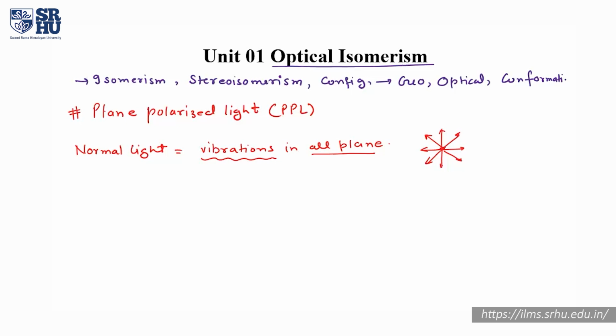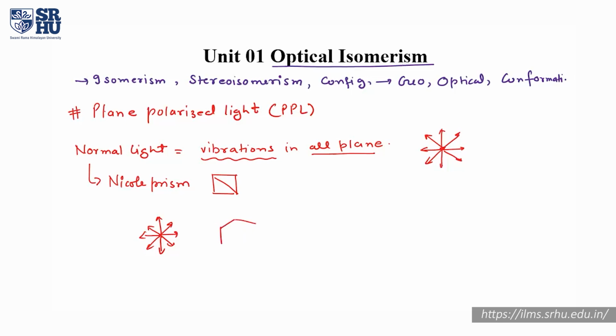But if you pass this normal light through a special kind of crystal called a nickel prism, I can represent it like this. We have normal light and we are passing it through a nickel prism.